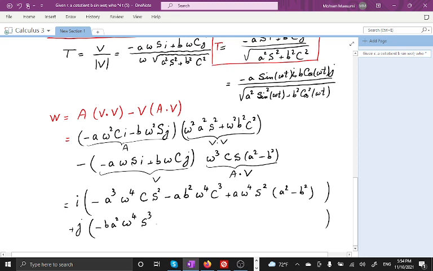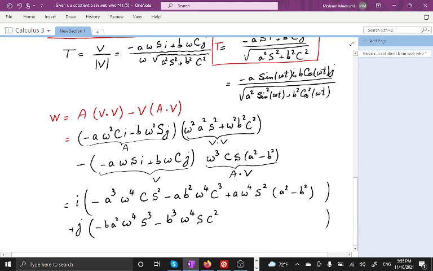Times the second term. I have b times b squared is b cubed, omega squared, omega squared, omega to the power of 4. I have an s here times c squared, so s c squared. Now I come here and duplicate all of this effort that I had over here.